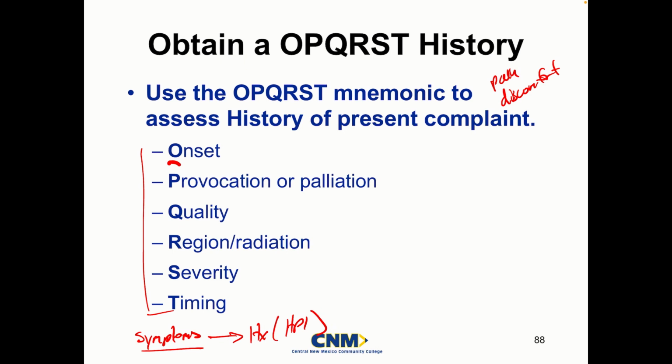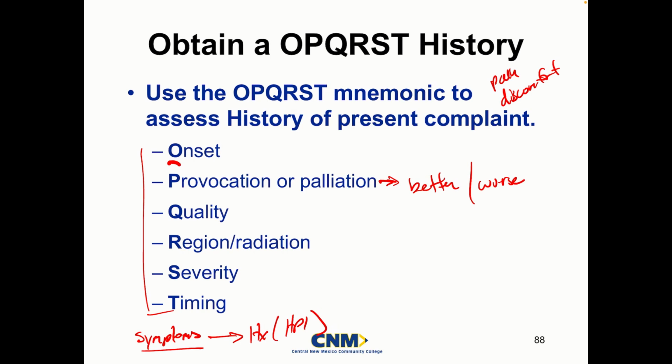P stands for two things, provocation or palliation. So provocation means something that makes their pain worse, provokes their pain. Palliation means to relieve pain, to make them feel better. And so the way you generally ask these two questions is, does anything make your pain better or worse? And note both things and ask both things.